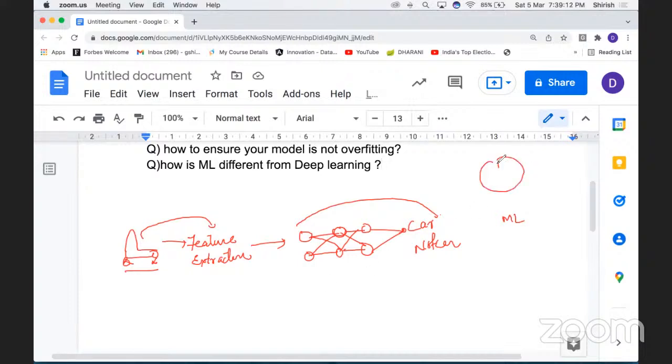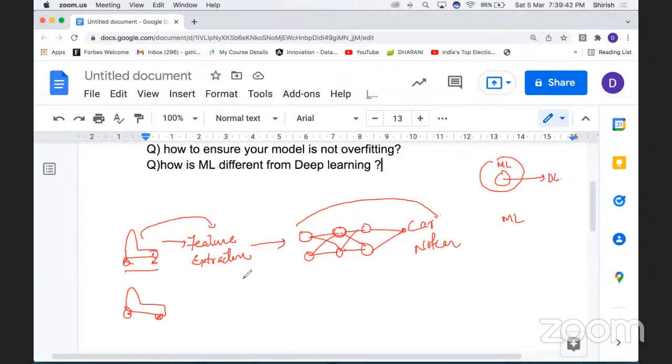So this is our ML. We have a small circle, which is our deep learning. Basically, it is a subset of ML, right? The deep learning algorithms are taken from the architecture of a neuron, inspired by the human brain. So it focuses on feature extraction, the same car image, if you pass it.